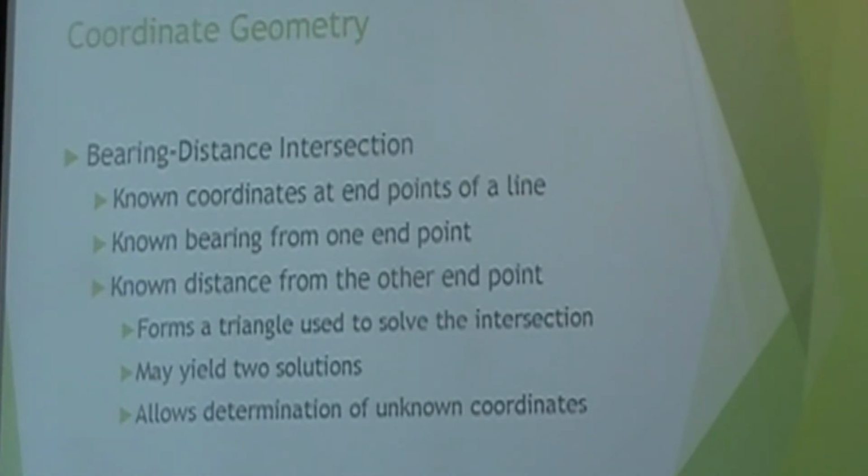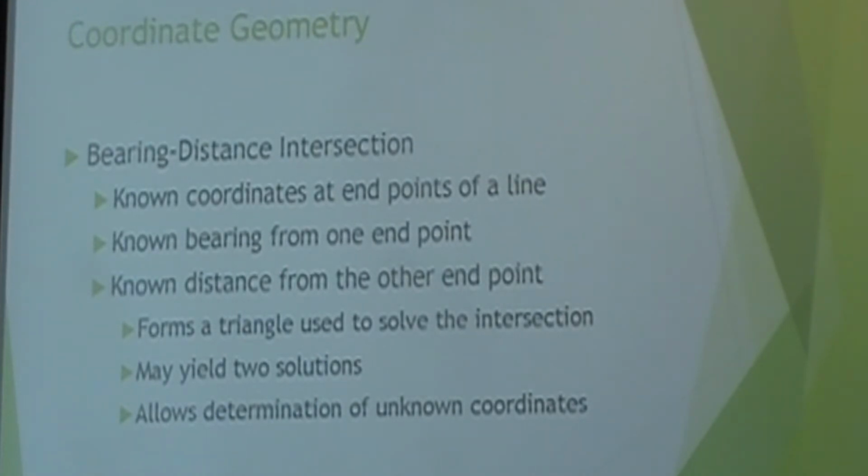So the next intersection we're going to take a look at is the bearing distance type intersection. A little bit harder to deal with, but it's the case where you have known coordinates at endpoints of a line, a known bearing from one of those endpoints, and a known distance from the other, which you can think of as a radius, so it generates an arc around.